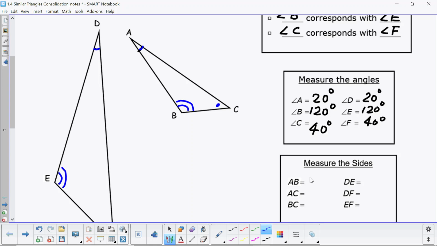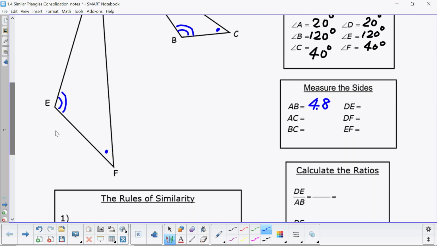Your measurements may be a little bit off from these numbers because of human errors. Okay, 4.8, then 8.0. This one is 6.5. This is 11. This one is 2.5. This is 4.5.